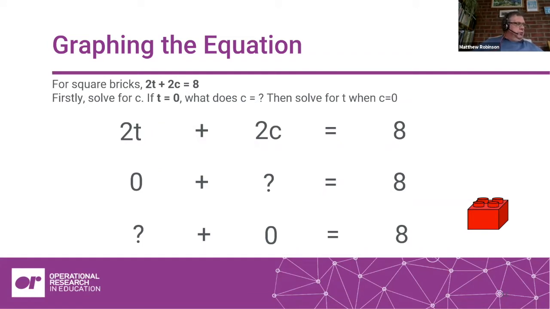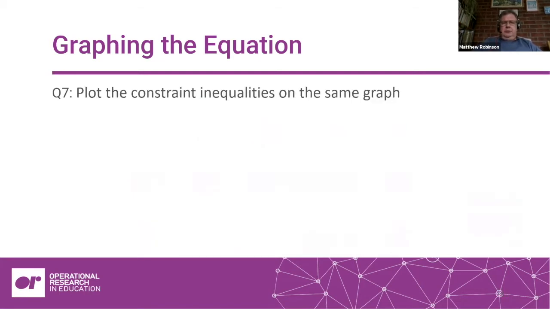So what we're doing is really starting to plot the coordinates on a graph. So you can see here in terms of the square bricks on here, then if we produce no tables, then we can produce 4 chairs. Similarly, if we produce no chairs, again, we can do 4 tables on that.